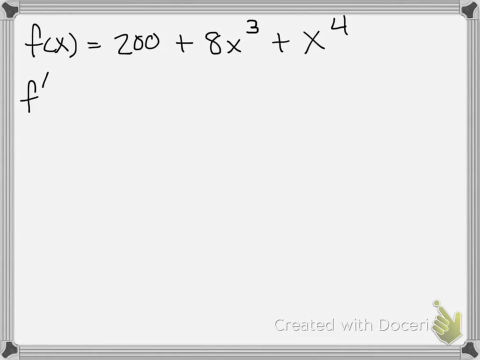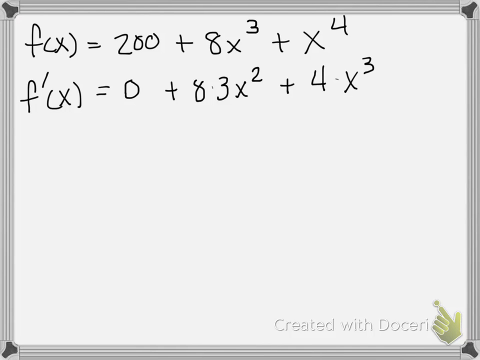So whenever we take f prime of x, the 200 becomes 0, plus 8 times 3x squared, plus 4 times x cubed. So we can clean that up a little bit and get 24x squared plus 4x cubed.